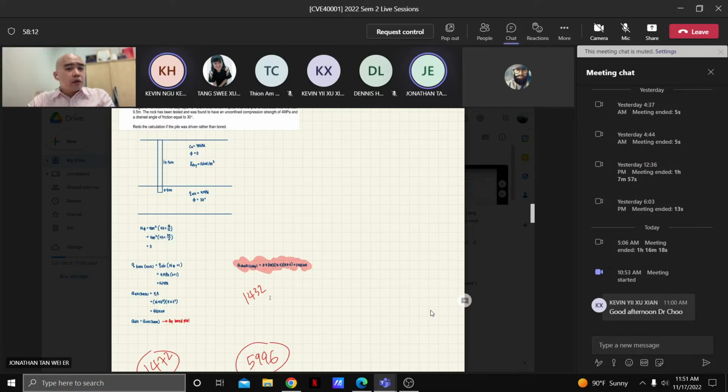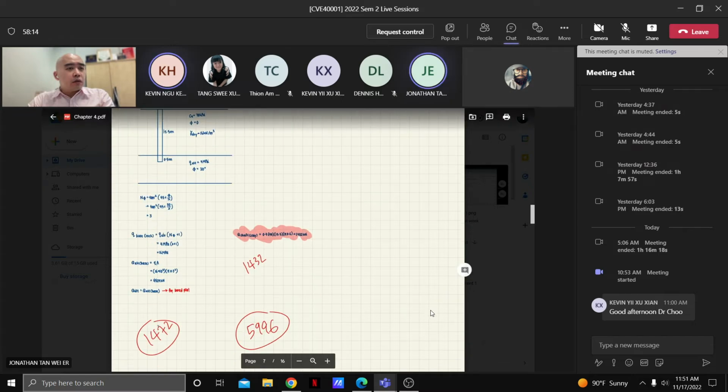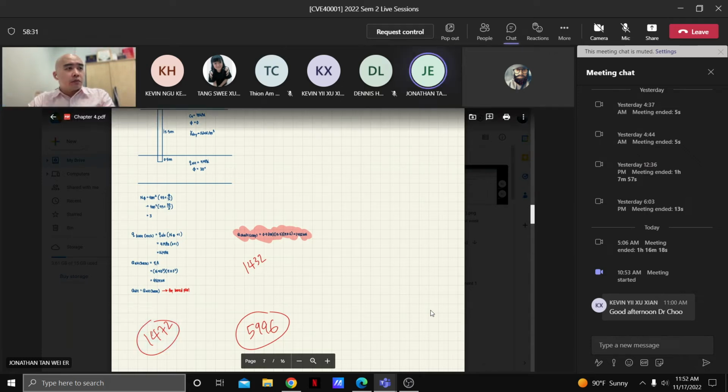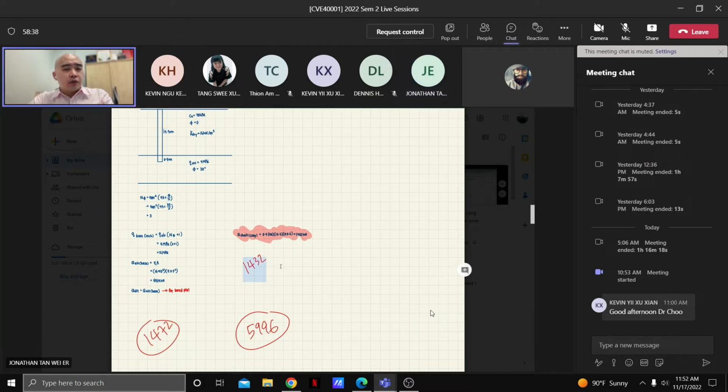This is what I calculated. Based on the calculation, the Q shaft should be this one. Yeah, 5996 is correct. And then the Q shaft is 1472 for the driven pile also. No, this one I copied from the answer. This is my answer, 1432. I wanted to check whether 1472 is the given answer.